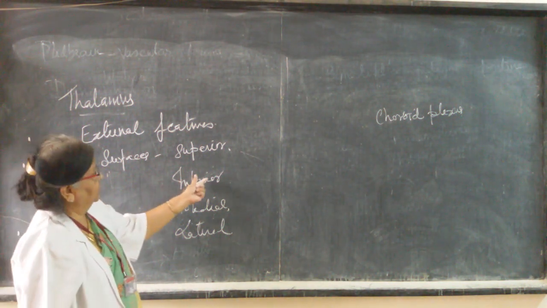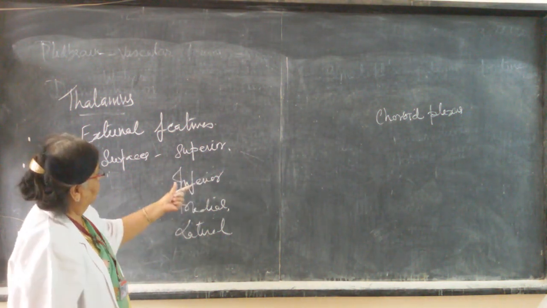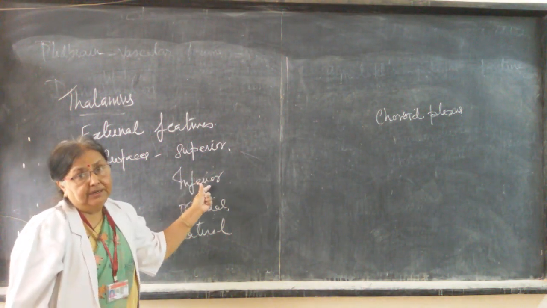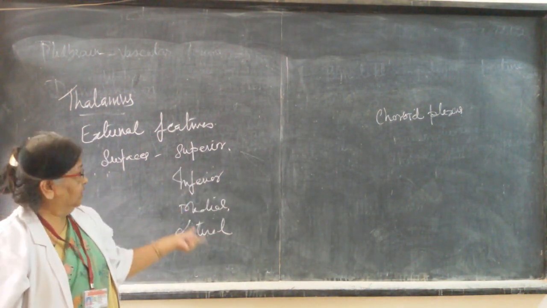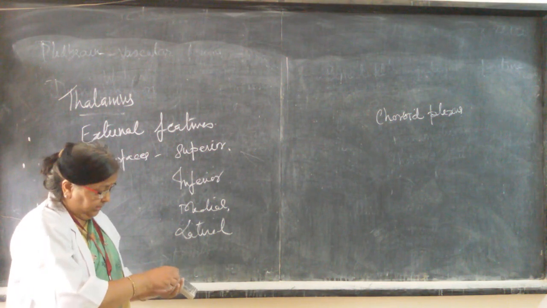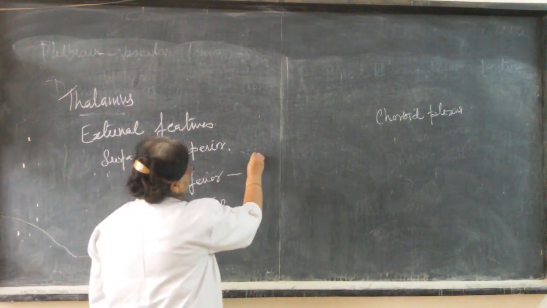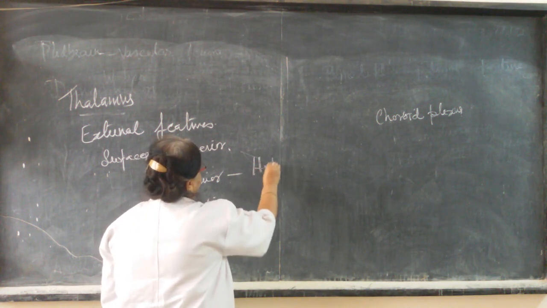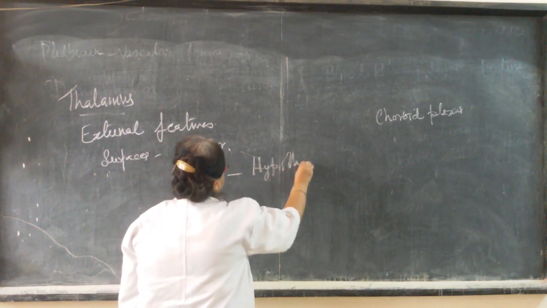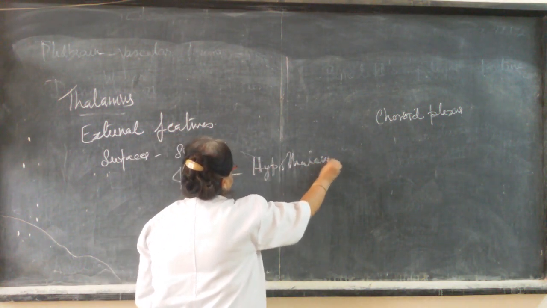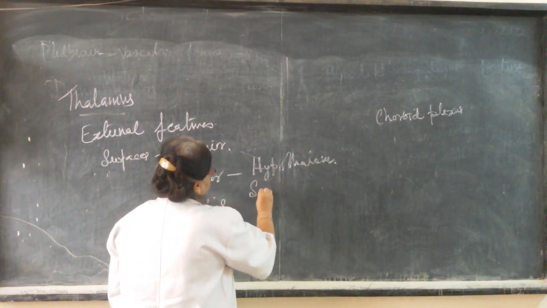Now coming to the inferior surface. The inferior surface is related anteriorly to the hypothalamus and posteriorly to the subthalamus.